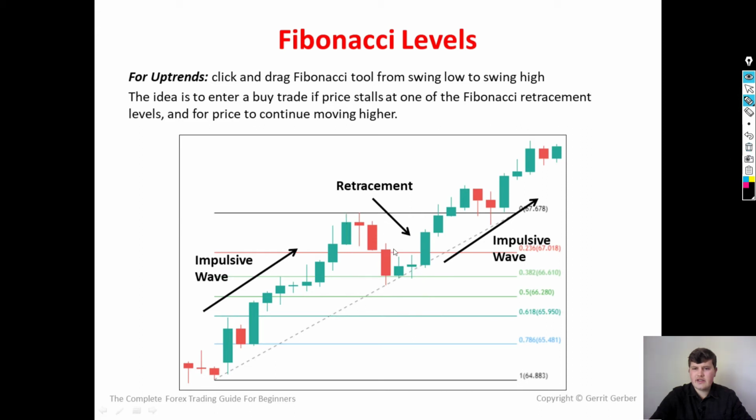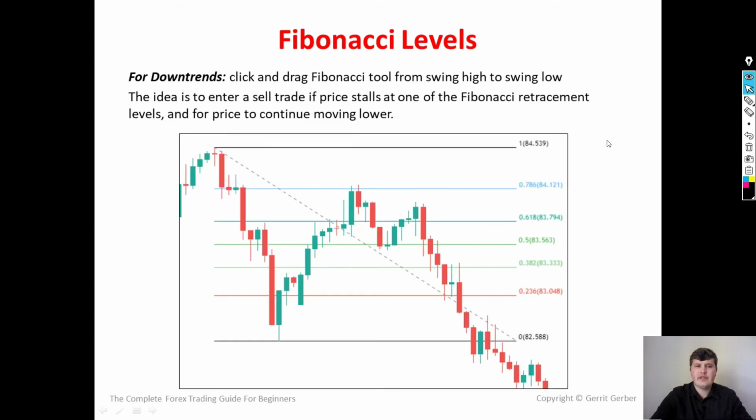And as you can see, price stalled over here at the 38.2% Fibonacci level, and then price continued moving higher. So that concludes our uptrends then. Then for downtrends, you click and drag the Fibonacci tool from the swing high to the swing low, and the swing high can be found over here because the high point is higher than the one to the left and the one to the right.